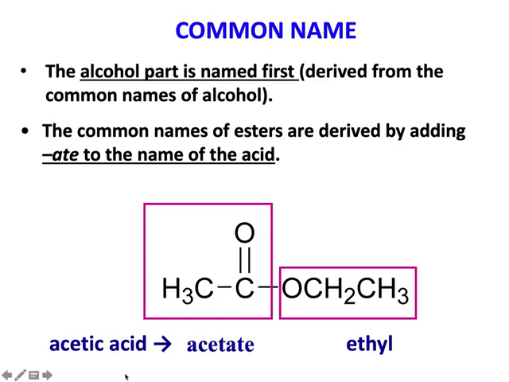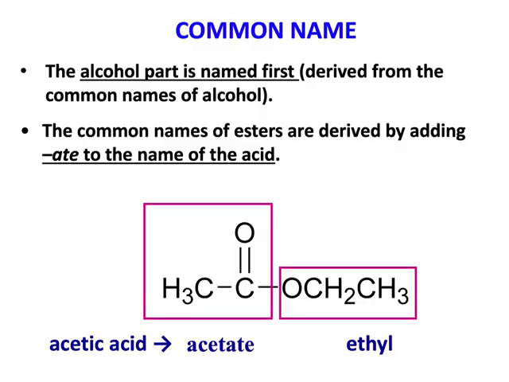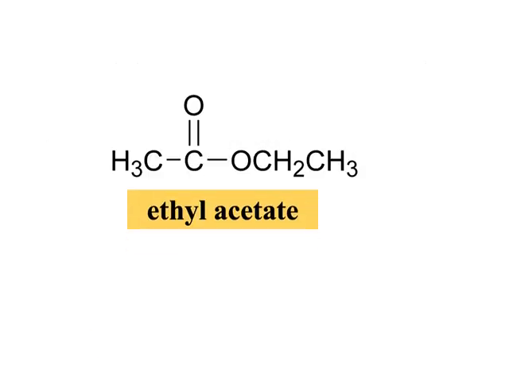So the IUPAC name should be ethyl ethanoate for the ester, but as a common name, it becomes ethyl acetate, from your experiment in the lab. The common name is always used compared to the IUPAC name.